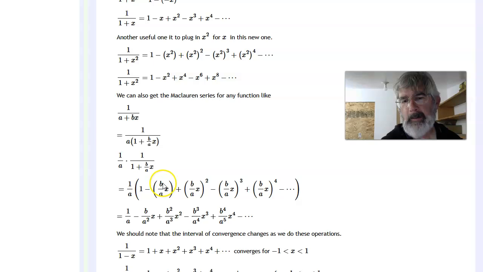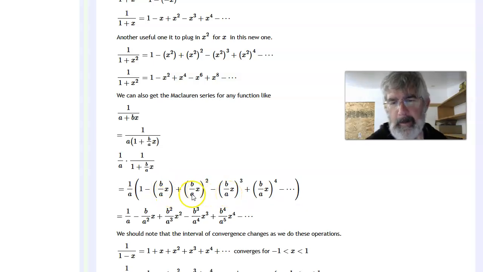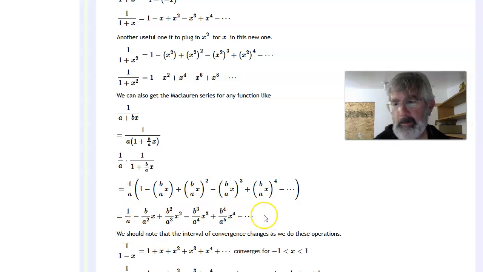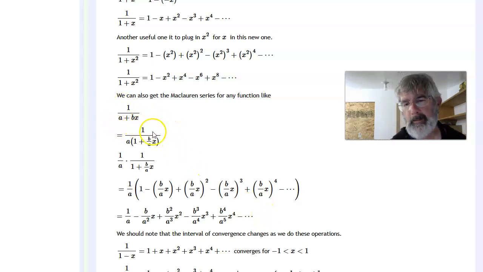All the x's are being replaced by b over a times x, b over a times x, b over a times x. Then doing some algebra here, right? You're going to have a b squared x squared over a squared, a b cubed x cubed over a cubed, and so on down the line here. The whole thing's going to be times 1 over a, so I distribute that in, and I've got a Maclaurin series, or Taylor series centered at 0, for this 1 over a plus bx.